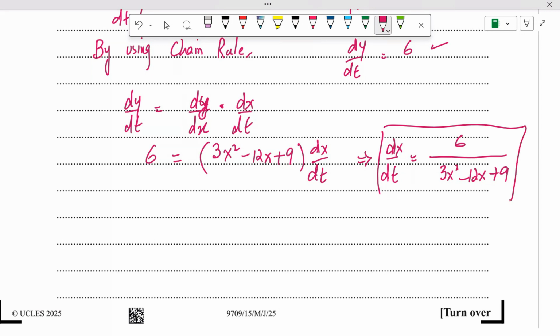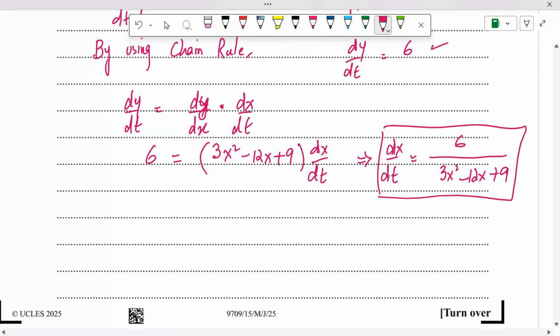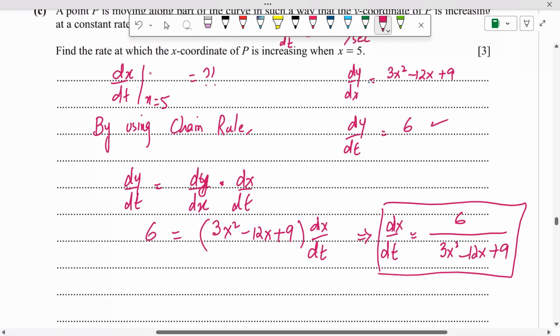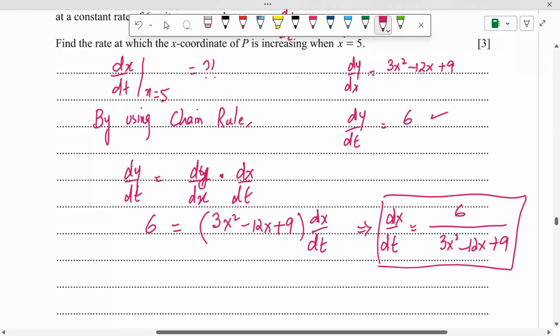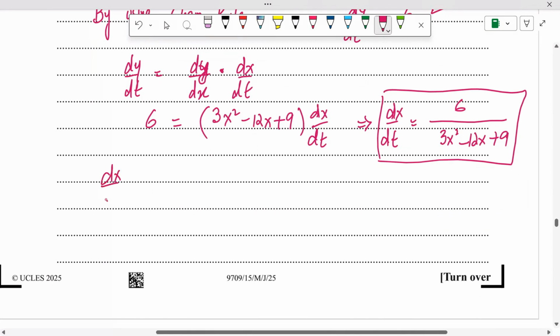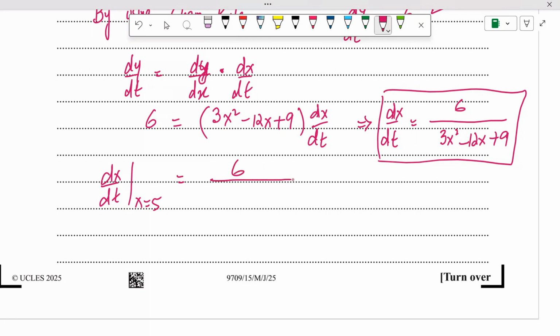So we have calculated the rate of change of x with respect to time, and we need to find the rate of change of x with respect to time at x is equal to 5. So dx over dt at x is equal to 5 is equal to 6 over 3 times 5 square minus 12 times 5 plus 9.